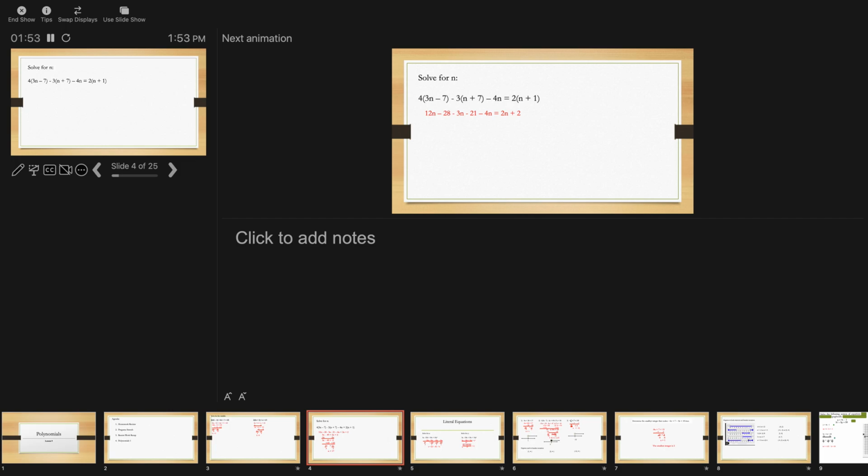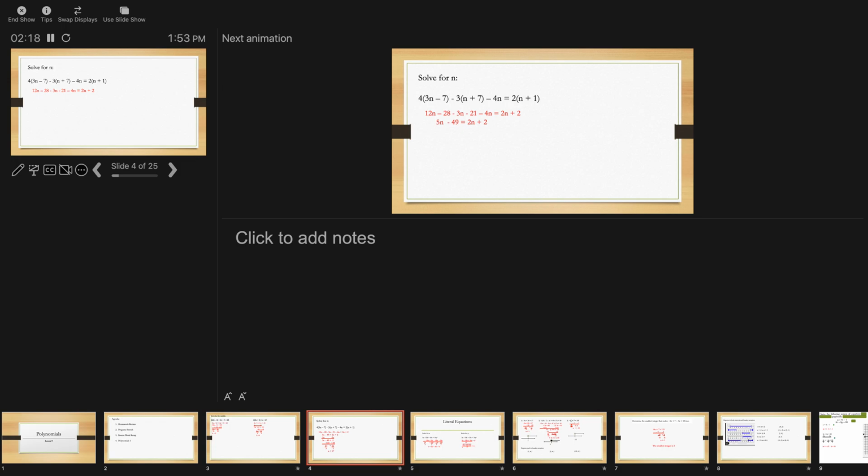Let's try this one, a little more involved. Okay. You should have had time to get it done, considering that you should do stop and start.